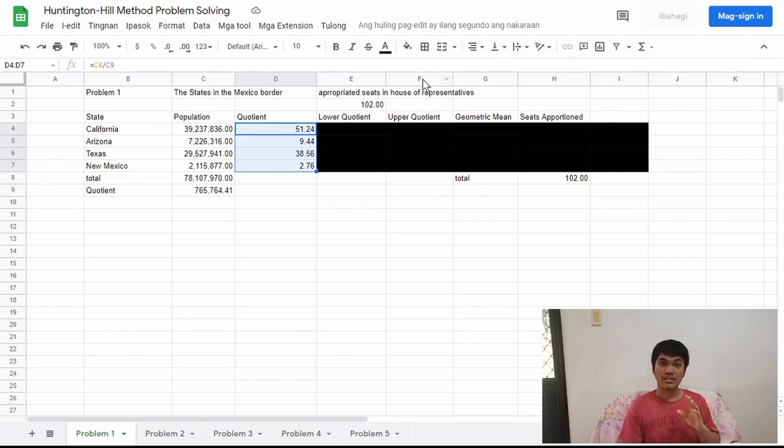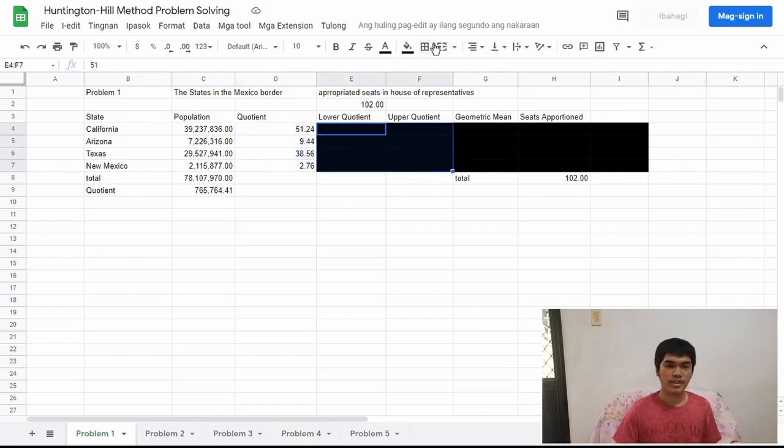As I discussed earlier too, you will find your lower quotient and upper quotient. This is basically using round down and round up on this quotient number. So we will show it now.